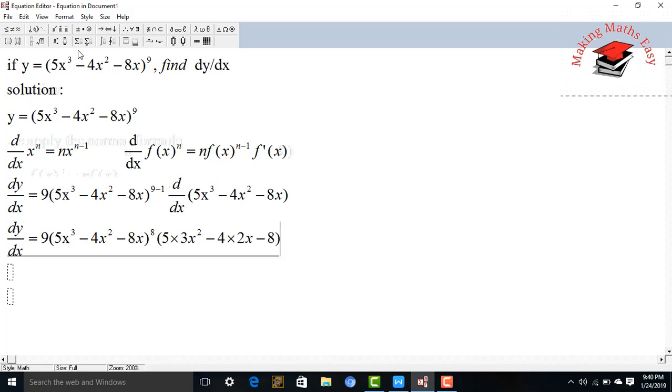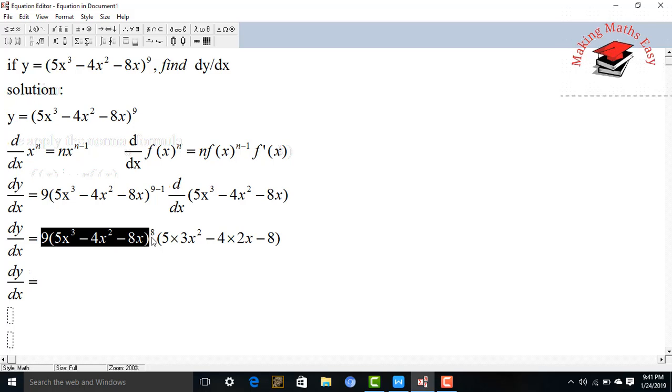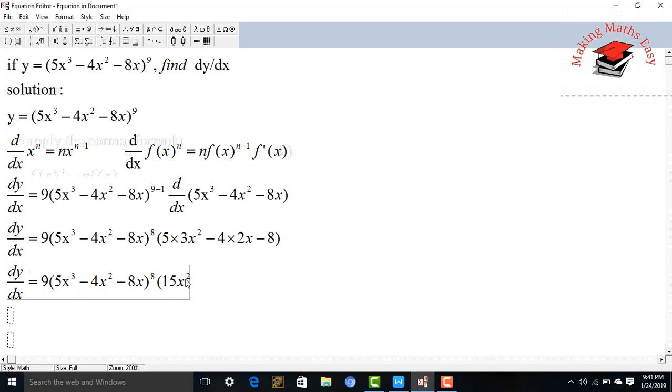The derivative of a constant is 0 and the derivative of x is equal to 1. So my answer will be dy by dx equal to 9 into 5x cube minus 4x square minus 8x raised to 8 into 15x square minus 8x minus 8.